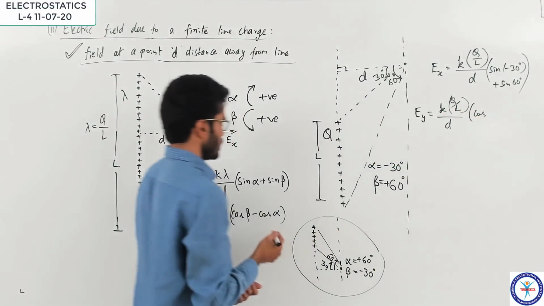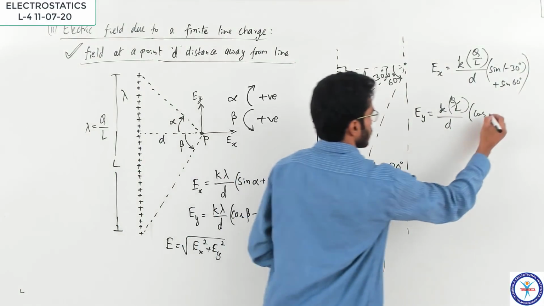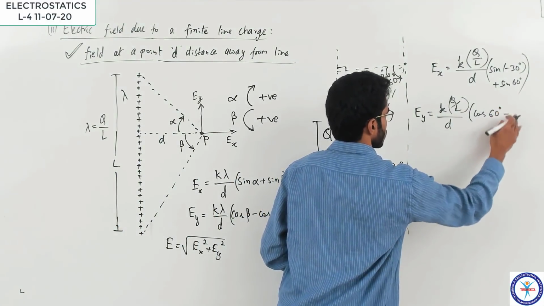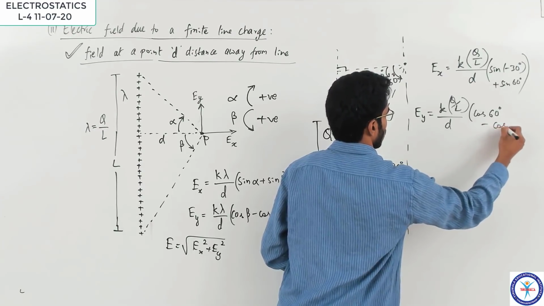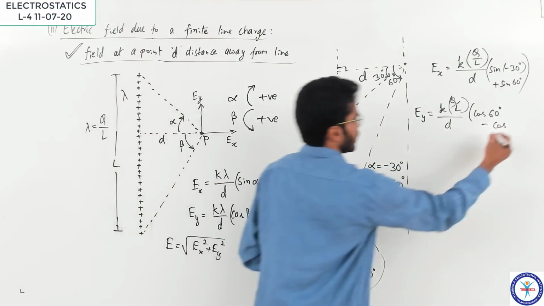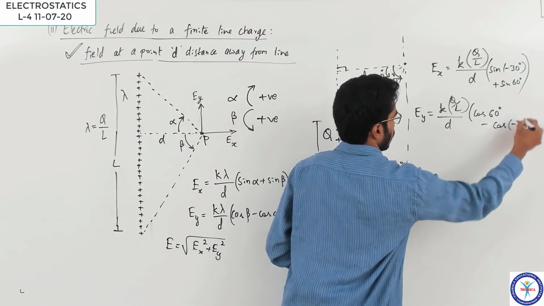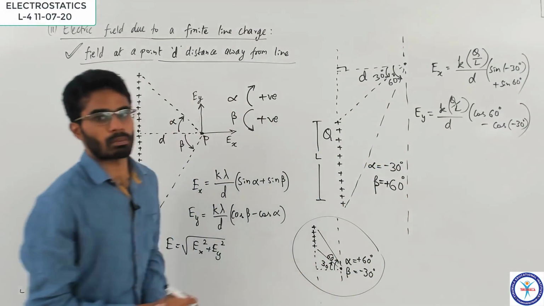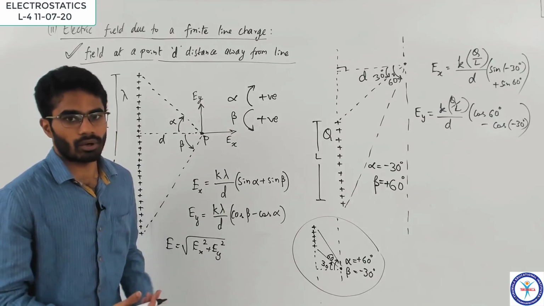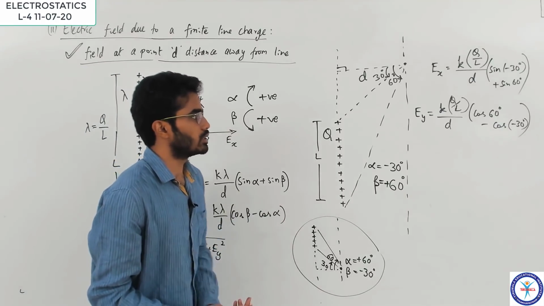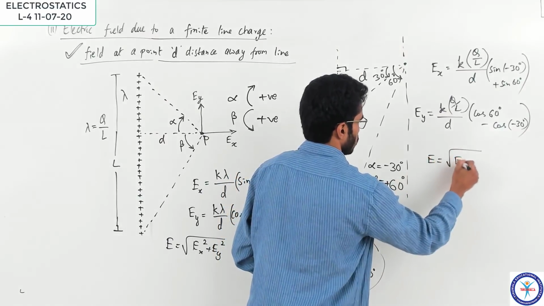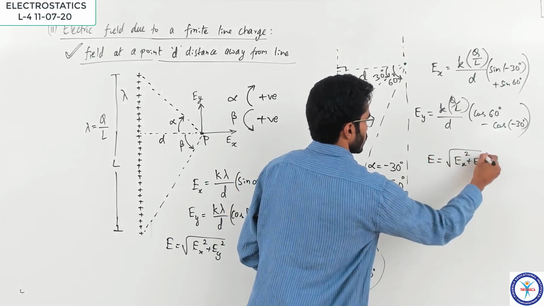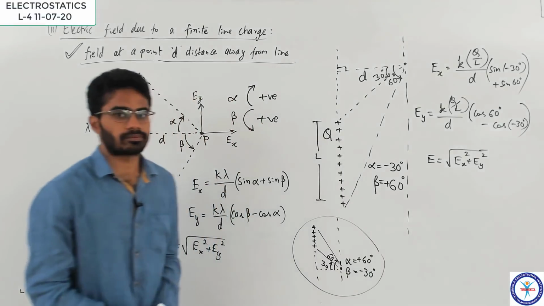Cos beta is cos 60 minus cos alpha, where alpha is minus 30 degrees. So this will be the value. We will simplify, and if you want to calculate the resultant field, you can take the resultant, E equals root over Ex square plus Ey square. So this is how we use the equation.